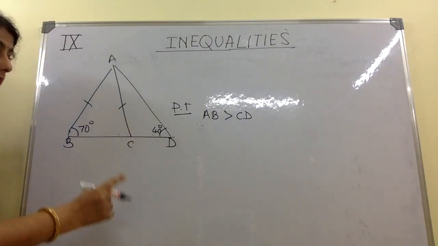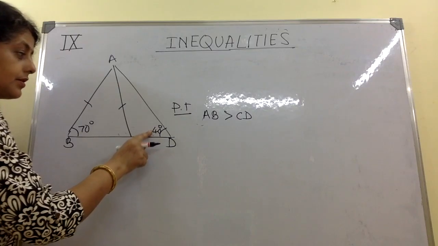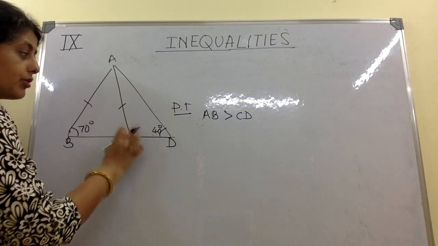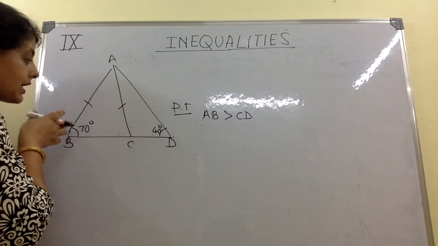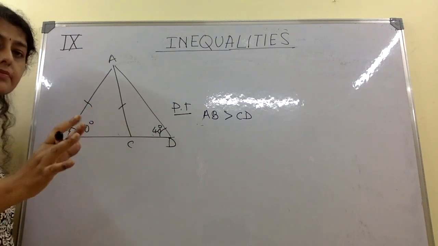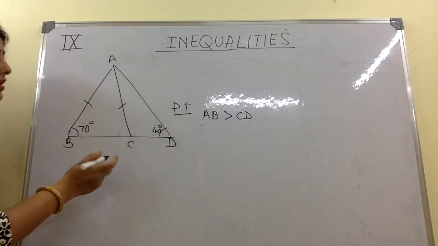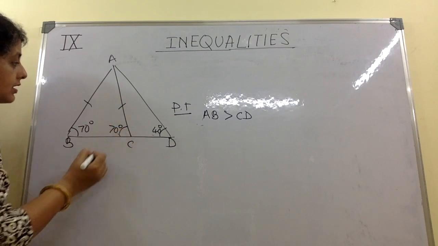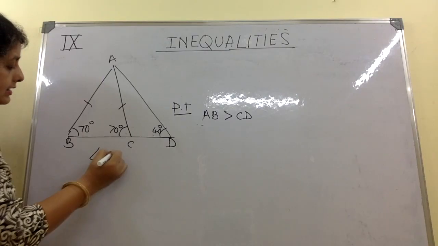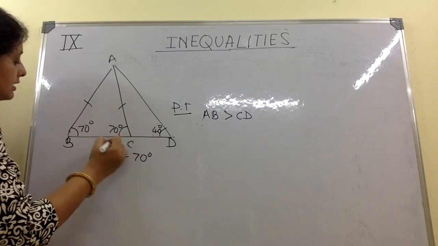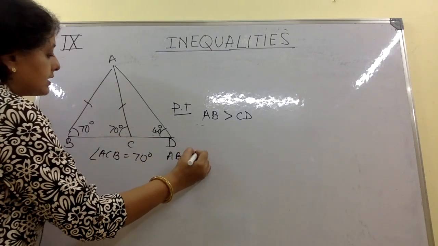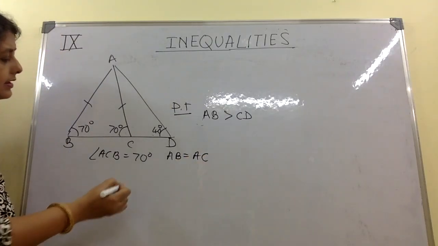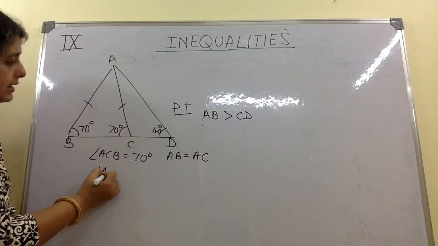That's what I'm saying, we should not take 40 from here and talk about angles in this triangle and apply it to sides of this. Nothing like that. So how much is this angle? This is 70, because angle ACB is equal to 70 degrees, because AB is equal to AC. And now how much is angle ACD?